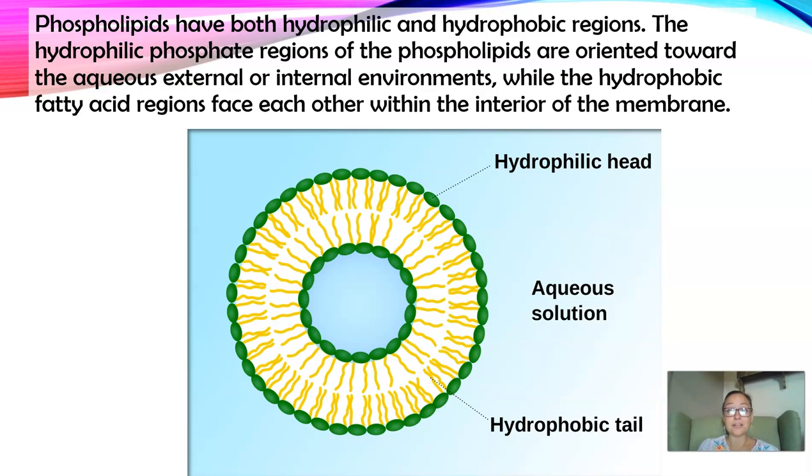And therefore, you find the hydrophilic, water-loving regions of the phospholipids attracted to that area, while the hydrophobic, water-fearing regions of the fatty acid tails will be facing each other. You would not find a single layer of phospholipids as a cell membrane unless the inside of the cell was oil or something, a non-aqueous inside.